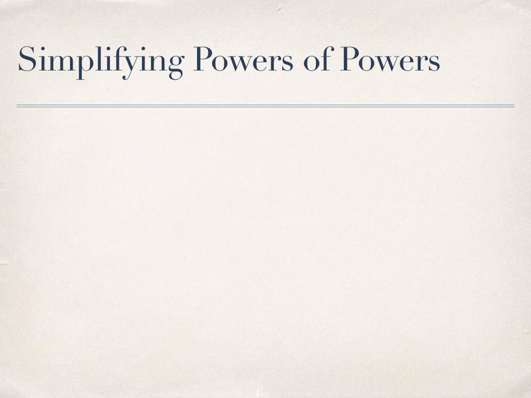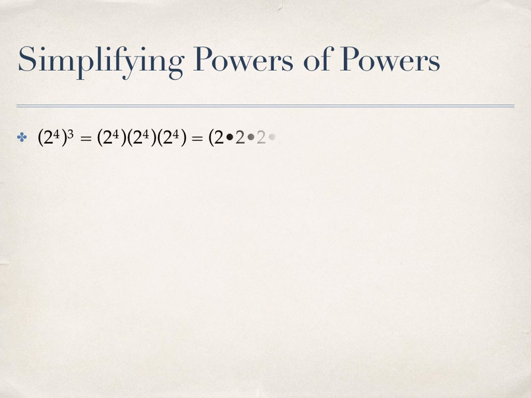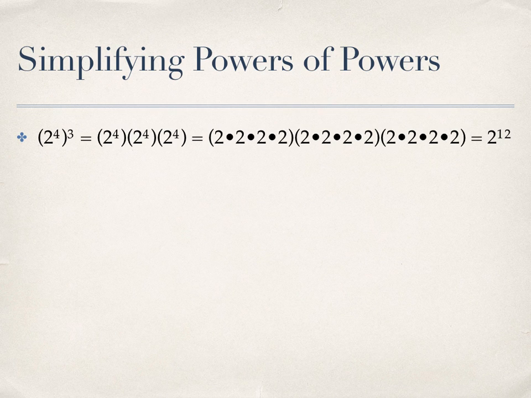So let's move on to what happens if I raise a power to a power, like 2 to the fourth raised to the third power. Well, I've expanded it out to help us remember what we're doing. Whenever you cube something, it means multiply it by itself 3 times.